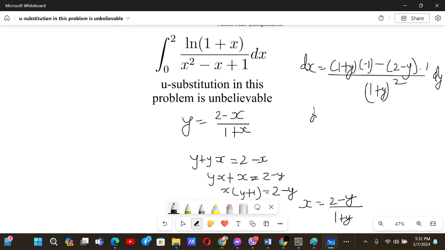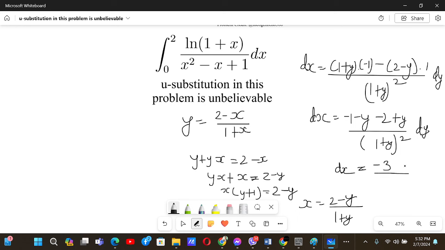So dx is equal to, this is minus 1 minus y, and then minus 2 plus y, by (1 plus y) whole square dy, and so dx is equal to minus 3 by (1 plus y) whole square dy. Okay, so now we have found dx in terms of y.